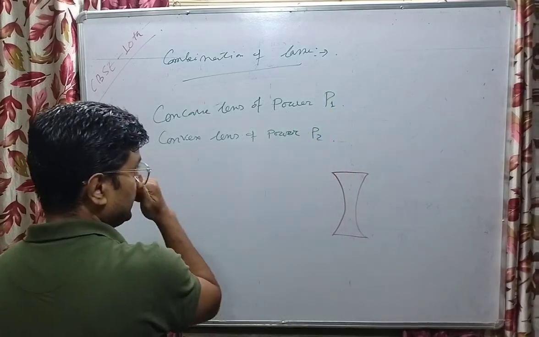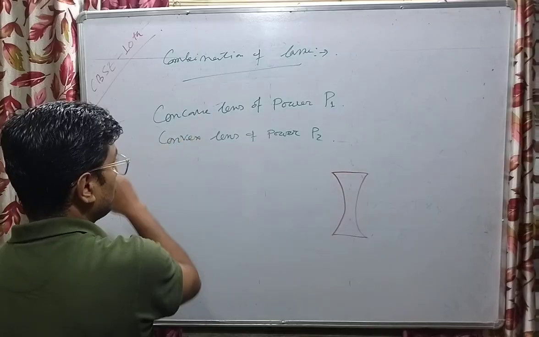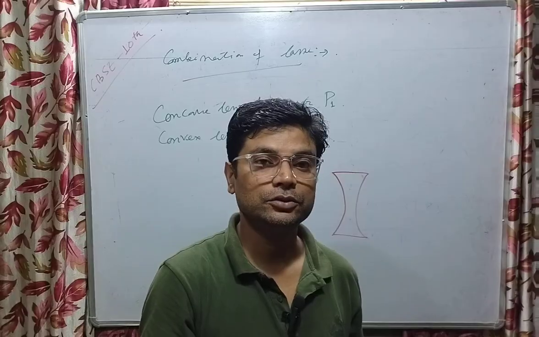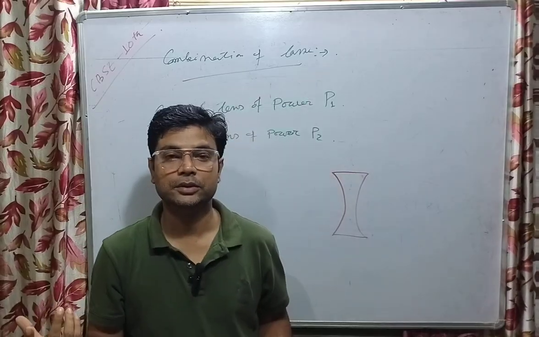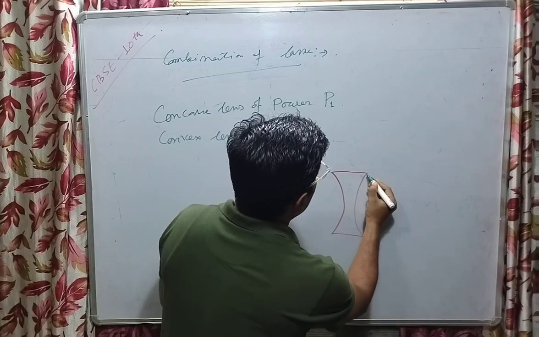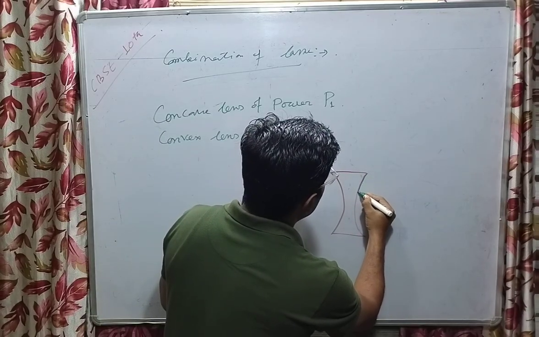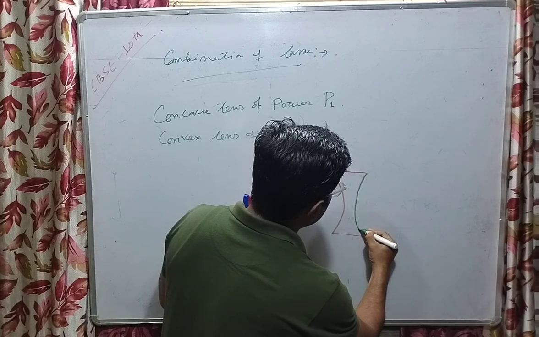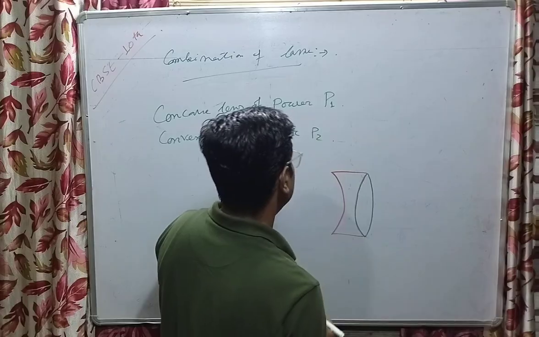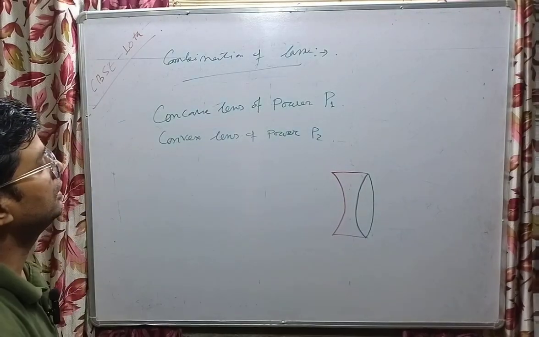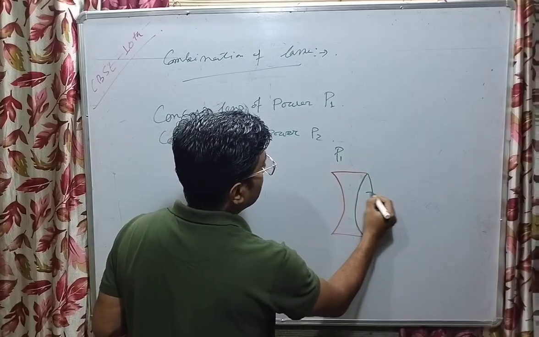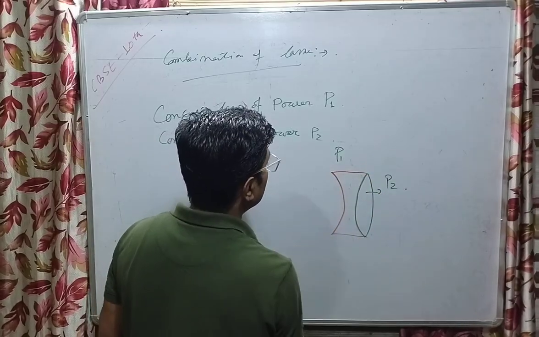And these two lenses, concave and convex, are combined together to form another lens. I will put the convex lens here and complete the combination. The power of this lens is P1 and power of this lens is P2.